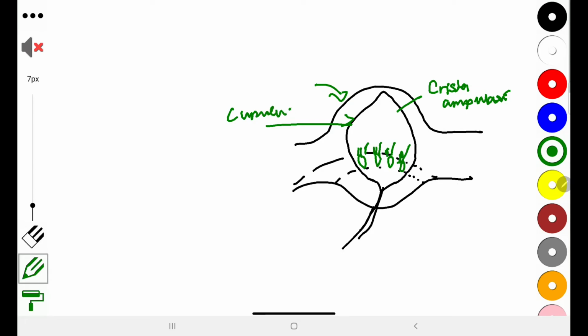We have supporting cells, we have hair cells, and here we have endolymph. The crista has hairs and support structures, and then they're surrounded by a gelatinous partition that closes off the ampulla.